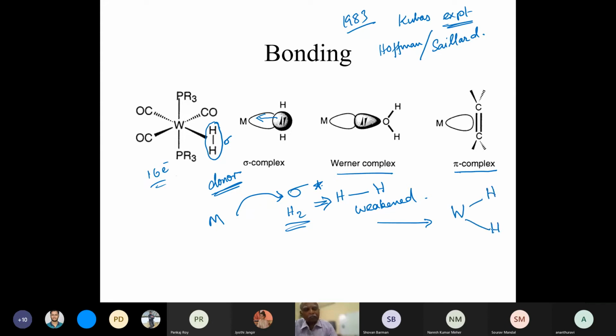So this is on the reaction coordinate, which joins the MH2 dihydrogen complex to the MH2 dihydride complex.